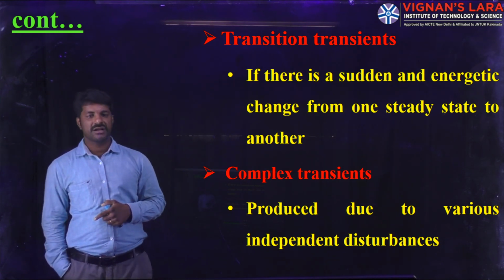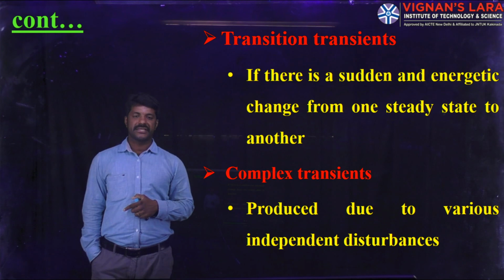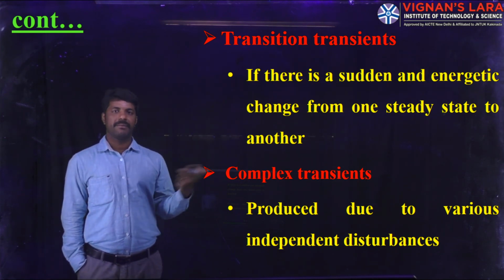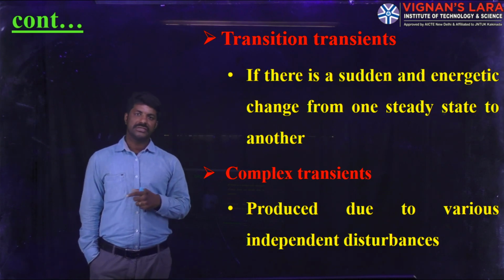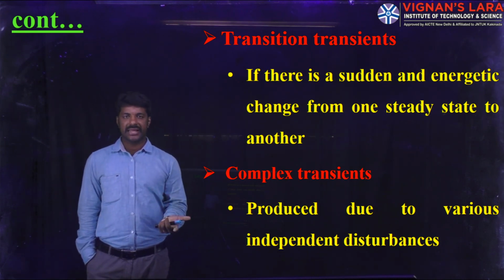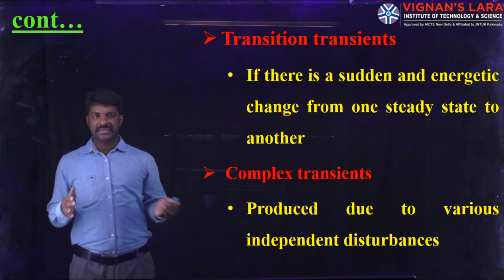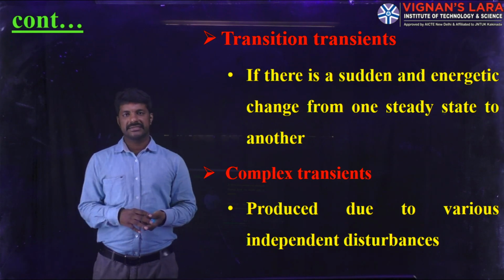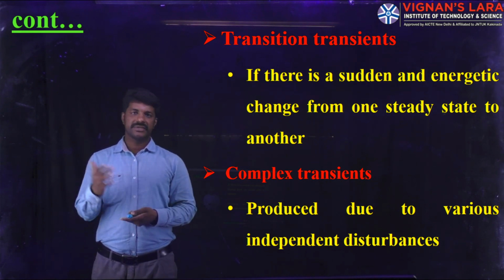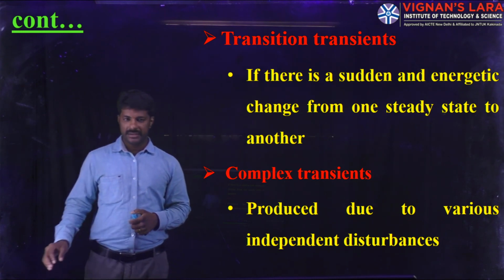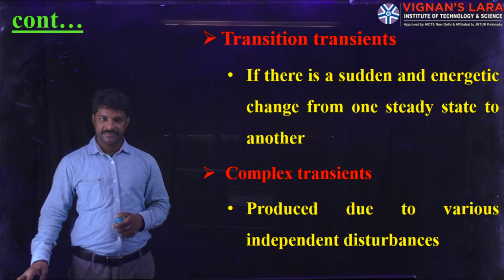And next one is the complex transients. A complex transient is not due to a single reason but multiple reasons, which are nothing but disturbances. It is not a single disturbance. If the circuit is subjected to multiple and independent disturbances, then such waveforms and variations of the voltages and currents will be called complex transients.